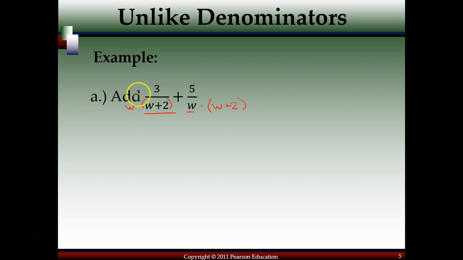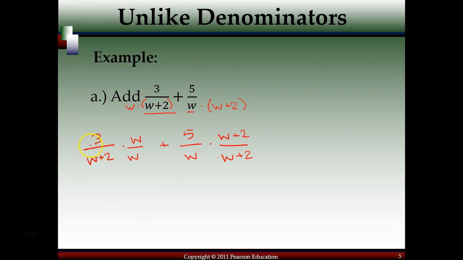So what we're going to do is we're going to say 3 over w plus 2 times w over w plus our 5 over w times w plus 2 over w plus 2.